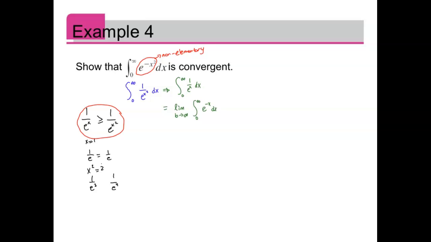We can take the antiderivative of e to the negative x pretty straightforward, right? I mean, you could technically do a u sub, but it's going to come out to negative e to the negative x. Oh, no, sorry, 0 to b, not 0 to infinity anymore.